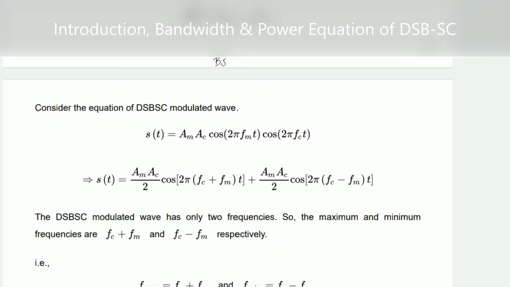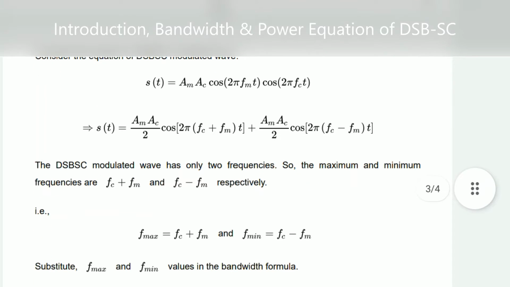So here two frequencies are available. That is fc plus fm, called the USB component, and the next is fc minus fm, the LSB component.